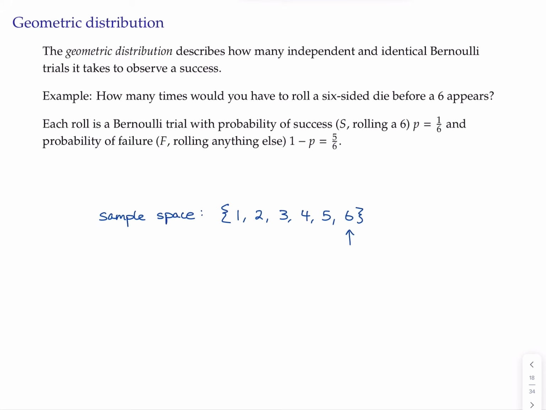We say this is the success case, and everything else is the failure case that'll map to x equals 0. It doesn't have to be that the underlying process itself is binary, but we're willing to define some dichotomy on the outcomes in the sample space and say that some subset counts as success. Here that's rolling a 6, and everything else is failure.